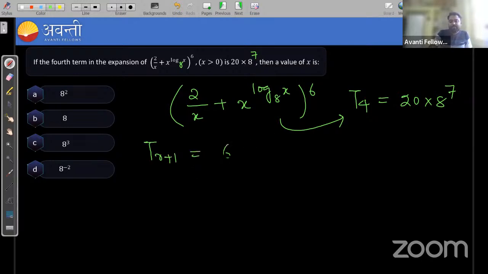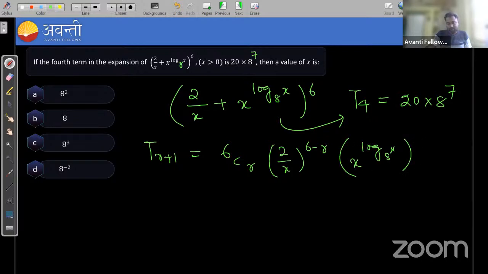T(r+1) = 6Cr (2/x)^(6-r) into (x^(log x to the base 8))^r. So this is my general term of the given expansion, where r lies between 0 to 6.